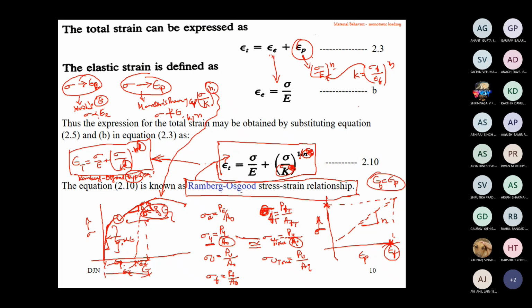Then this type of equation is known as the stress strain relationship for cyclic loading, and K dash, N dash are cyclic stress strain curve properties. This equation is also known as the Ramberg-Osgood type of equation, not Ramberg-Osgood equation, when we write the same equation as Ramberg-Osgood with cyclic properties. Okay, let us look into that.